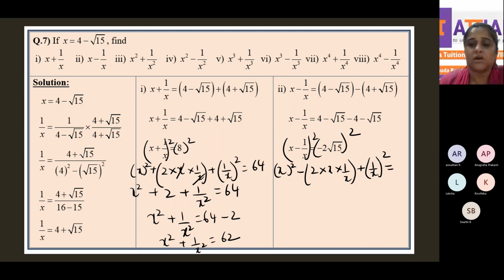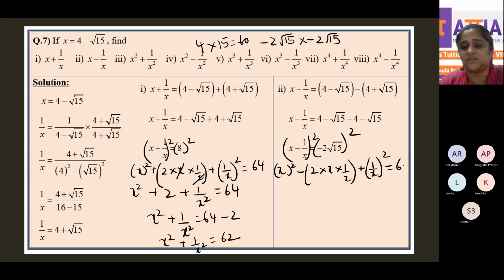Is equal to minus 2 root 15 into minus 2 root 15. Minus into minus is plus, 2 into 2 is 4. Root 15 into root 15 is 15, and 4 into 15 is 60.